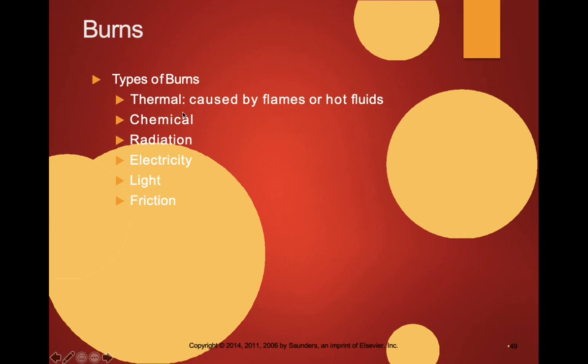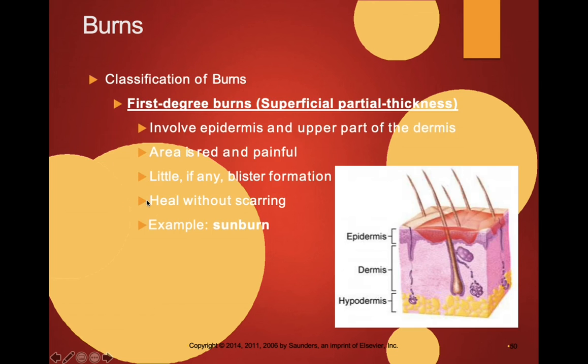We're going to talk about first, second, and third degree burns, but burns can happen from thermal, chemical, radiation, electrical, light, and even friction burns. Thermal burns are obviously caused by flames or hot fluids. Chemical could be like Drano, any type of acid. You can get burns from excessive radiation, electricity, light, and even from excessive friction.